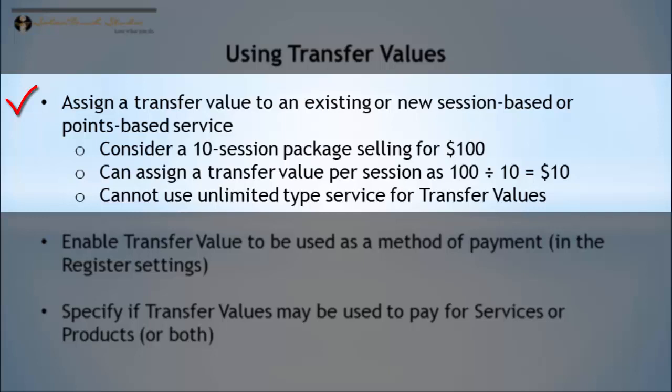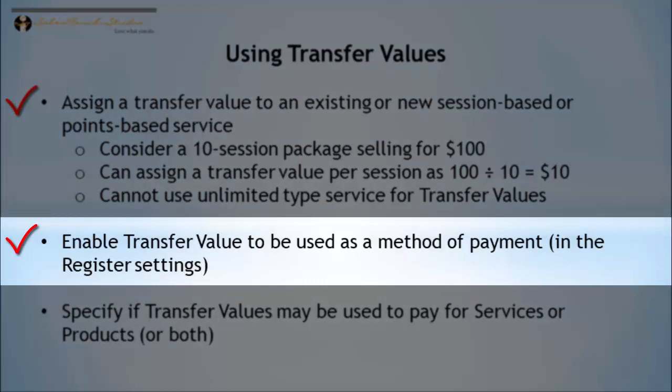Therefore, each session is worth $10. That's the transfer unit of the existing service. Now, one very important thing to keep in mind is that unlimited services cannot be used as transfer value services. So it's important that the service that you're going to use has got to be either session-based or points-based.